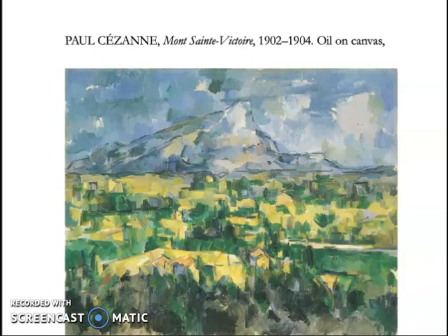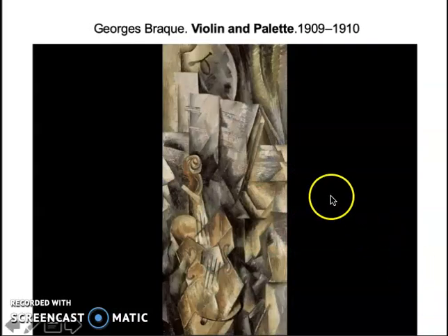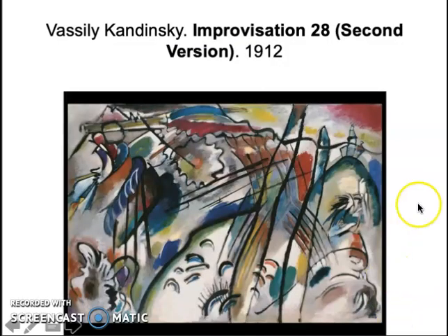This will get even wilder when we look at the invention of Cubism, which is an offshoot of what Cézanne is up to, and then we'll get to see Kandinsky painting a painting that is a painting, but not a painting of. Not a painting of a landscape, not a painting of human figures or still life. This is an improvisation. This is color, strokes, forms, playing, called an improvisation like music.